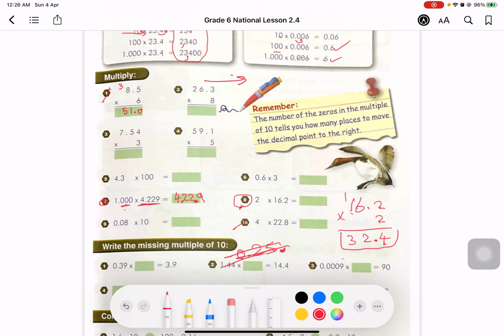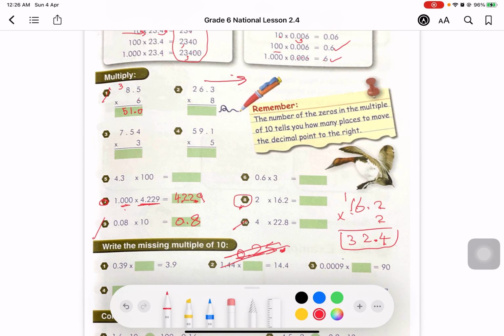Now let's do question number 9. You are going to write your answer the same, 08. Now your decimal will start from your point and move one step. Move it one step, it's here. What will the answer be? The answer will be 0.8. Yes, correct.